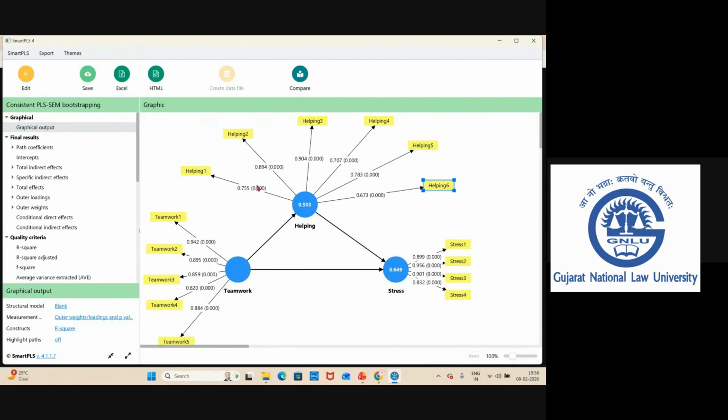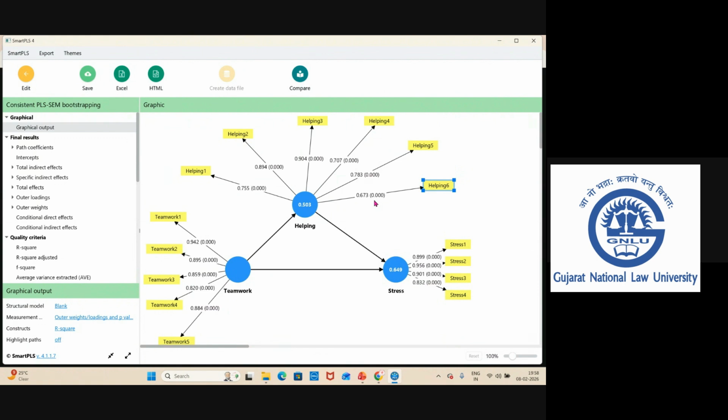Second point, I can also see that my factor loading value is greater than 0.7. Here you can see that there is one indicator at 0.673.